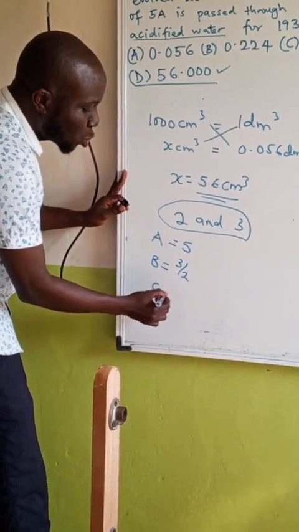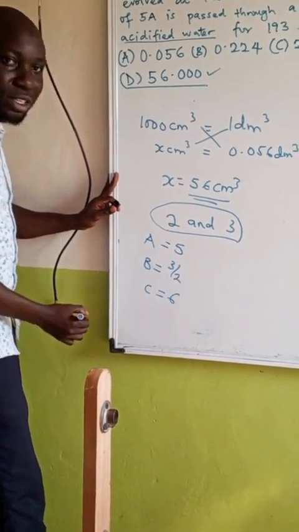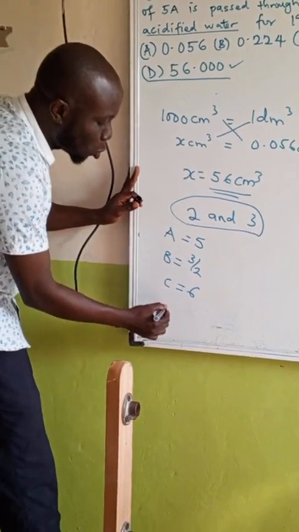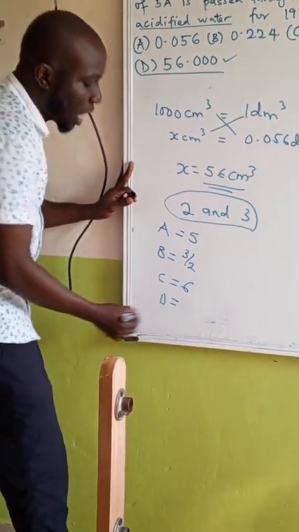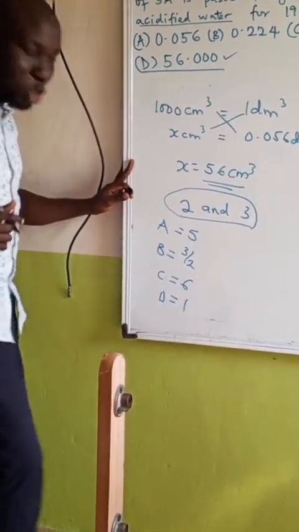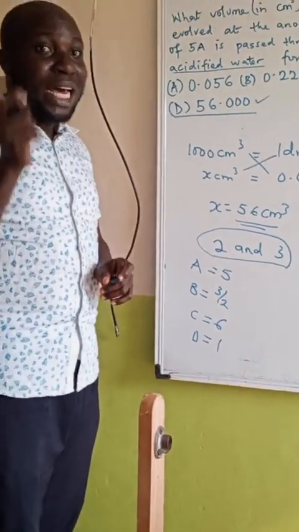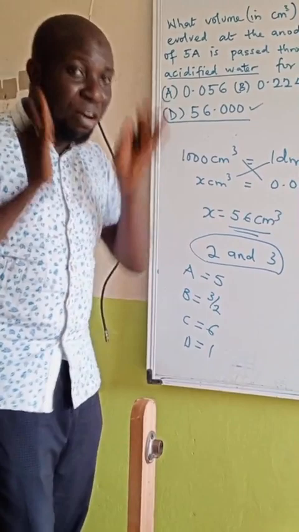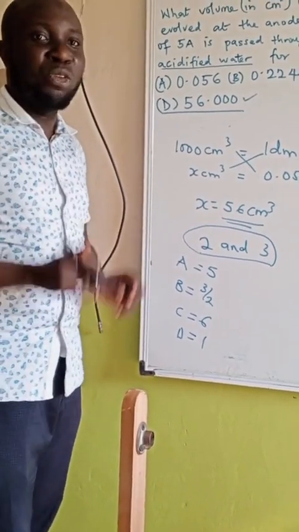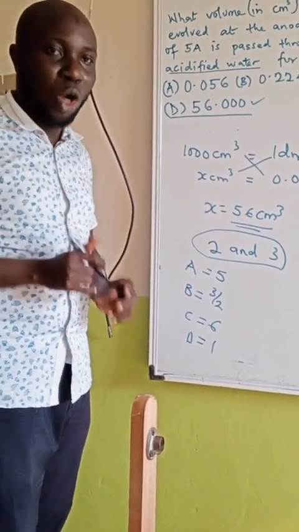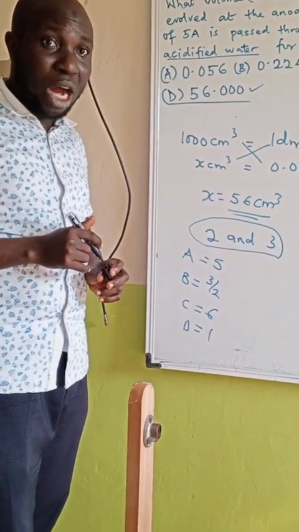Option C will help you to multiply it to get 6. Option D will help you to subtract it to get 1 or -1. Do you now see that you cannot beat JAMB? That is why you have to be sure of everything you want to do right before you enter the examination hall. Did you get that?